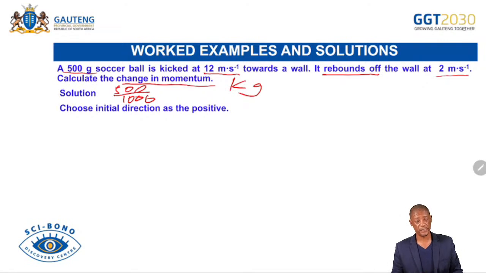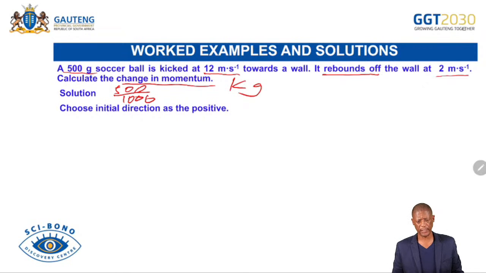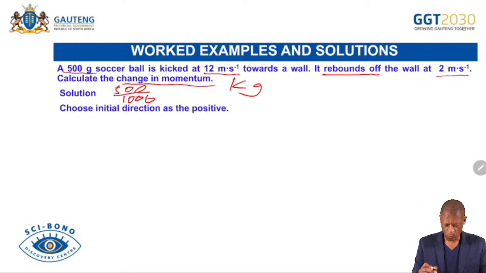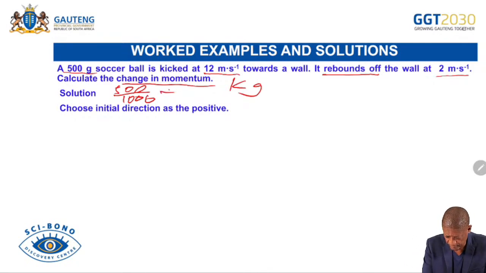That will give you the kilogram. 500 divided by 1,000 is going to give you 0.5 kg. That is the mass that you're going to use.